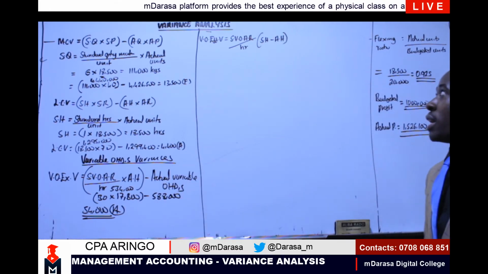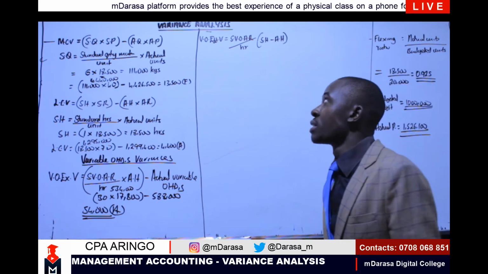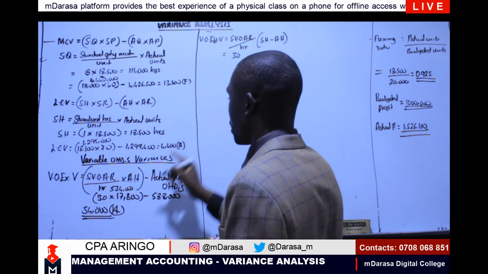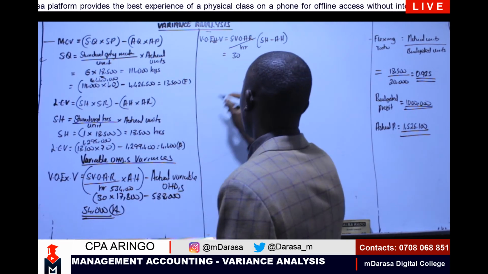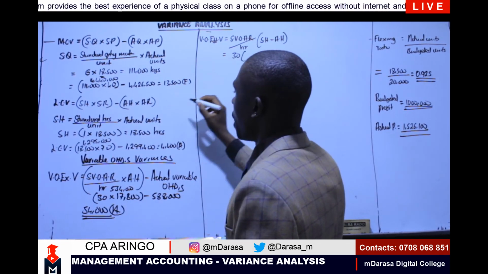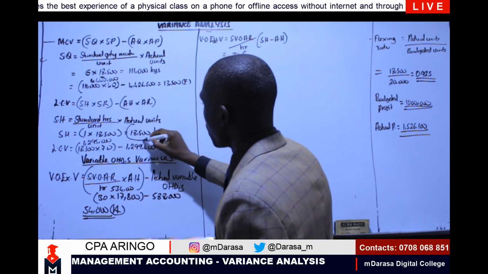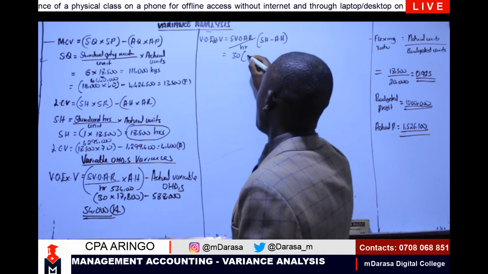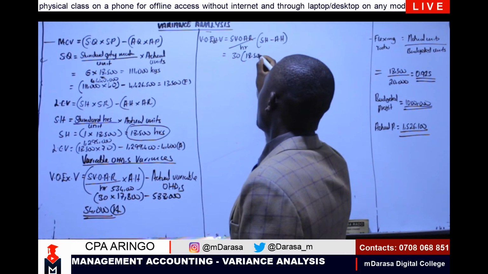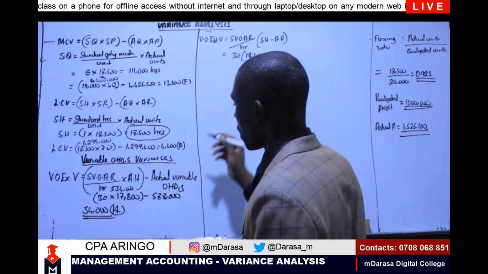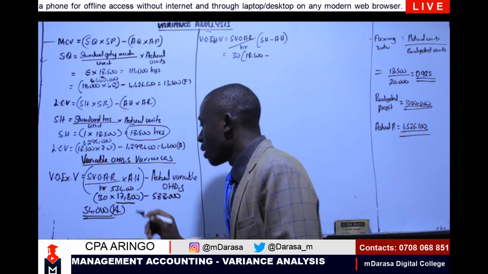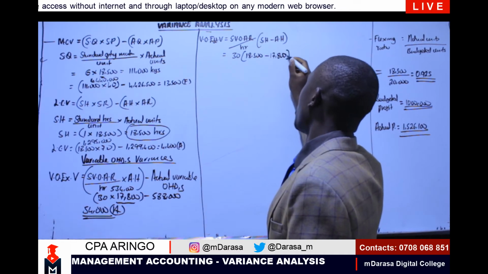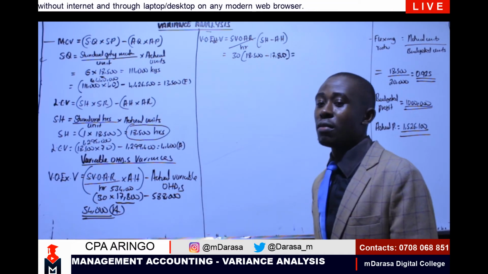That will give us 30, the standard variable overhead absorption rate per hour, into standard hours. Remember, we had already computed our standard hours there. So you should be having 18,500 minus our actual hours, which you can see very well was 17,800 hours.